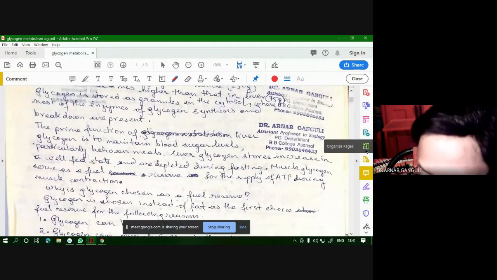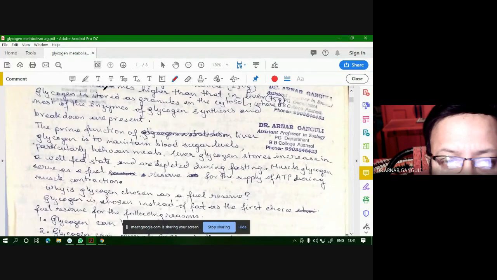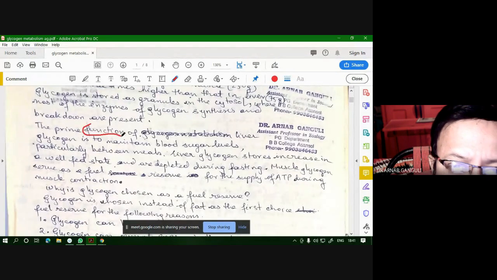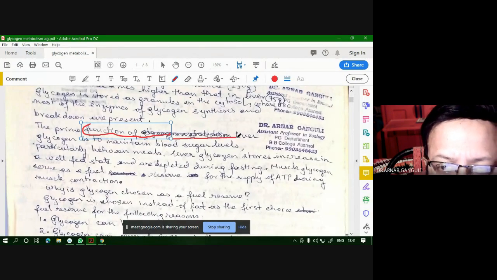So the question will come, what is the function of liver glycogen? Basically to maintain blood sugar levels.